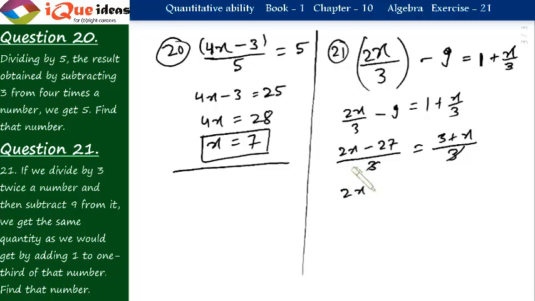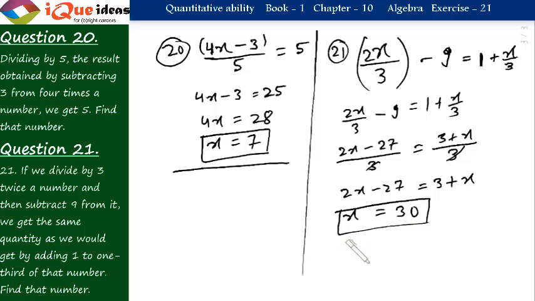So 3 gets cancelled, we will have 2x minus 27 equal to 3 plus x. Now x comes to the other side, so 2x minus x would be x and 27 goes to the other side, so it becomes 30. So x is equal to 30. Alright, so this is the answer of this question.